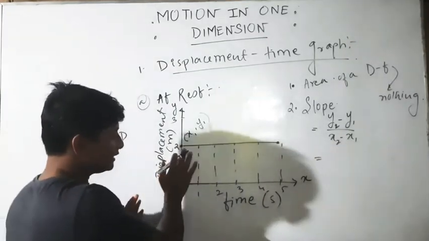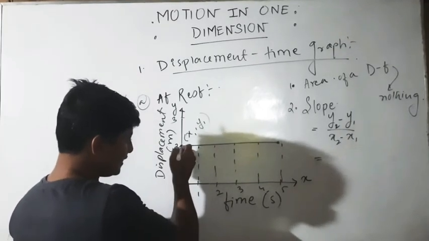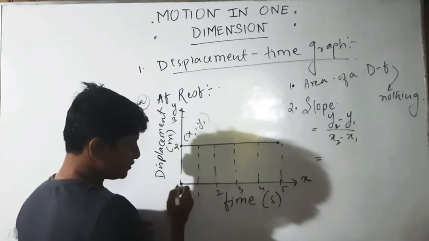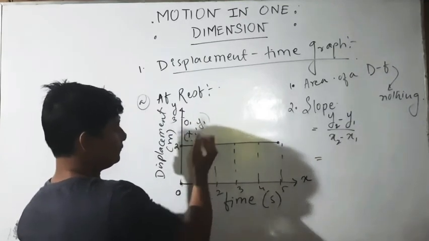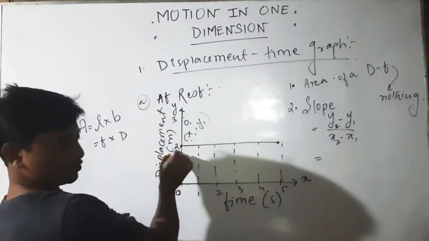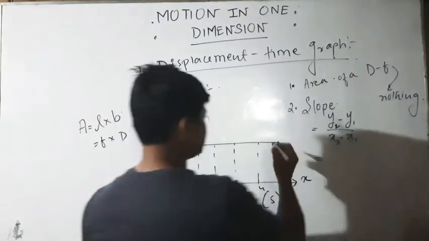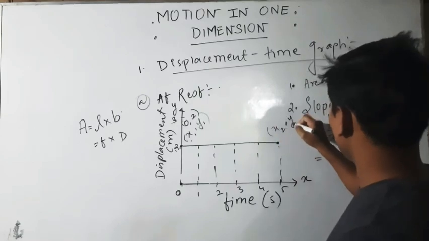Here the graph started from 0, so if I draw a perpendicular from this point downward, it will strike 0. So the value of x1 here is 0, and the value of y1, the value of y here, is 2. So (0, 2) is the value. Similarly, the last point is noted as x2, y2.